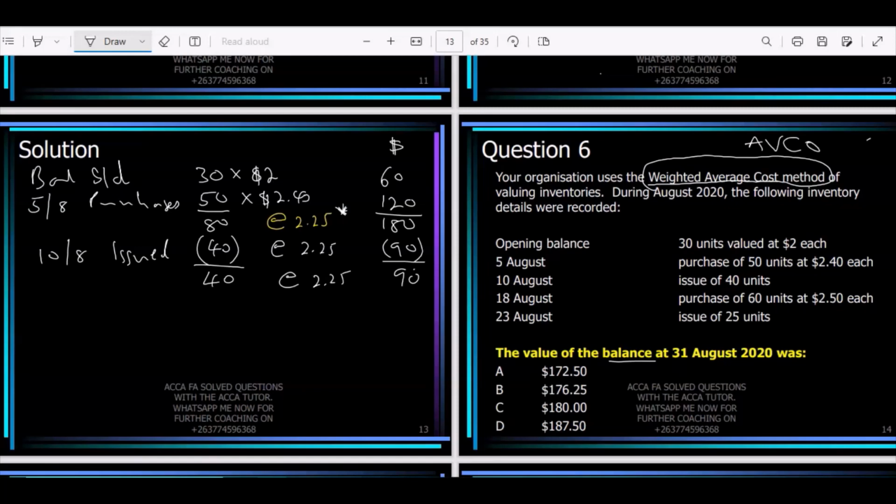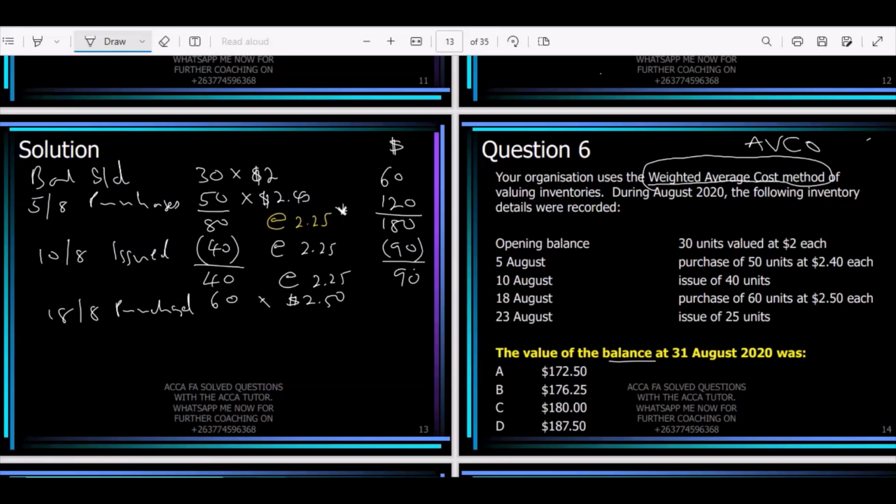Now we are told that on the 18th of August we purchased 60 units this time, at $2.50. Giving us a total of how much?